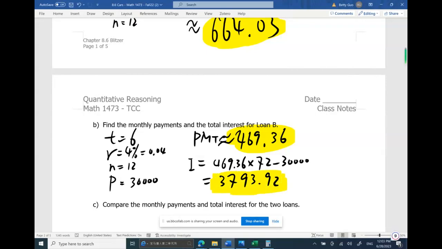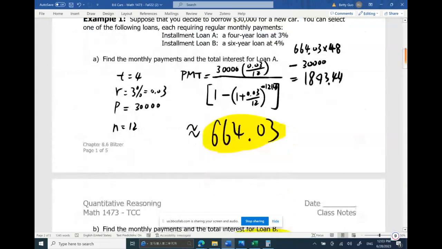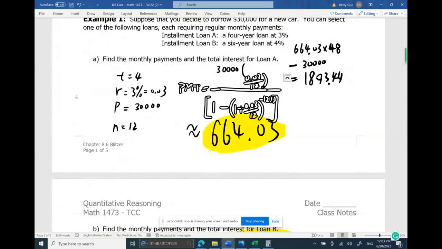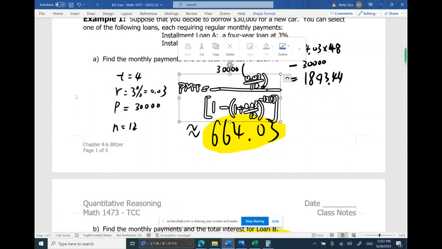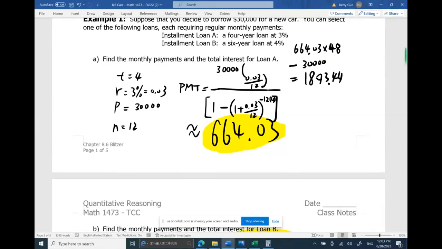The cost is almost 3,800, but the cost for plan A is only shy of 2,000. So you can write down that sentence. That's the comparison between the two plans.